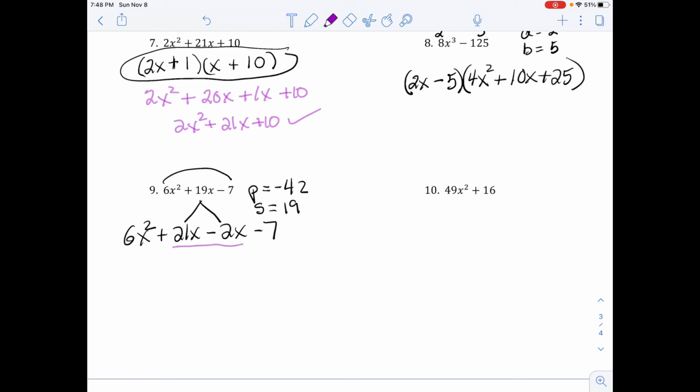So again, I will underline the purple and underline the purple. 21x minus 2x is 19x. That's why this is called split the middle. We take that middle term, we split it, we go from 3 terms to 4 terms, and then we do factor by grouping. So group those two, GCF, 3x, leaving me with 2x plus 7, minus.